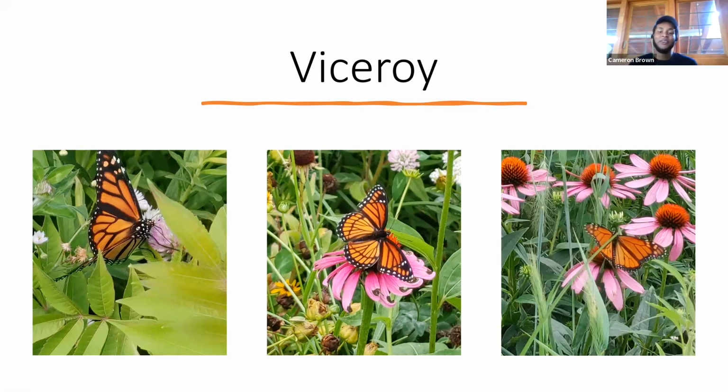So the viceroy is, once again, part of the brushfoots. And you would normally think, like the other ones, that the pipevine swallowtail is the harmful one, and these other species mimicking it are harmless. That was once thought to be the same way with the viceroy mimicking the monarch and, subsequently, the queen in the south, but that's not Midwest, so we're not going to talk about the queen.